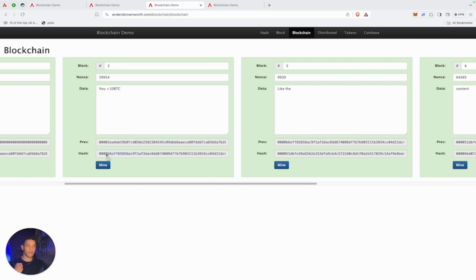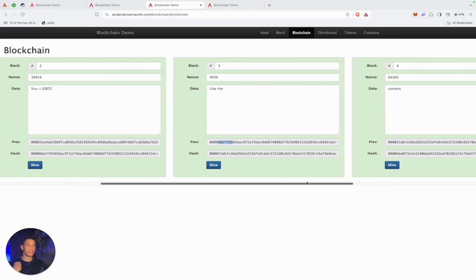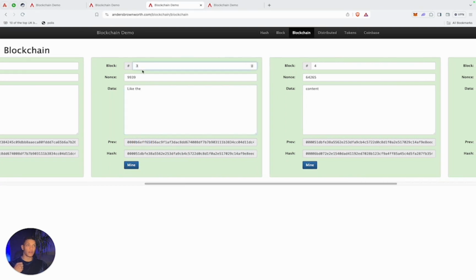And again, the new hash B6EFF is matching. And again, we have to take all of these 4 key pieces of information, and then, only then, we can construct a new hash out of this information.